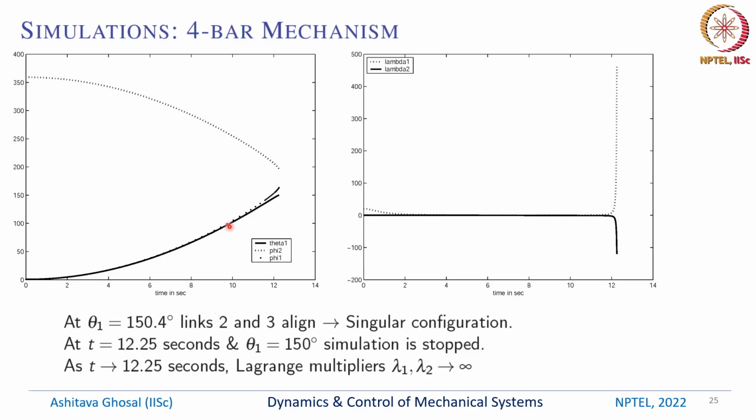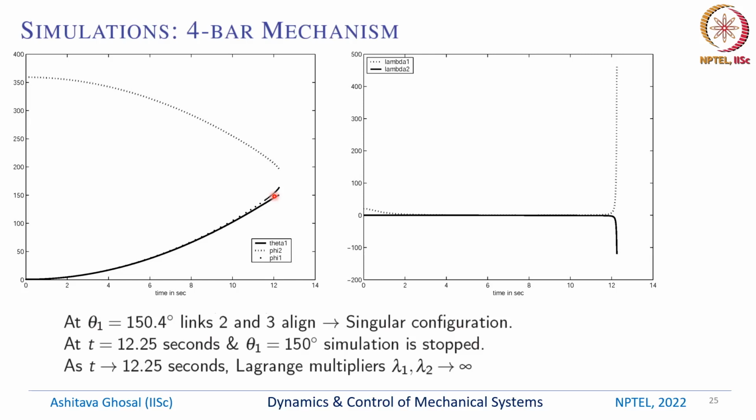So the simulations are telling me what should be the time for deployment and also at what angle it will stop. For different link lengths, this time and this angle will be different. So we can have various designs of this 4-bar mechanism if we are planning to use it for some application where we want to deploy it.